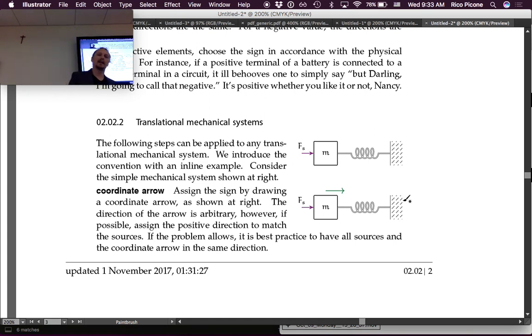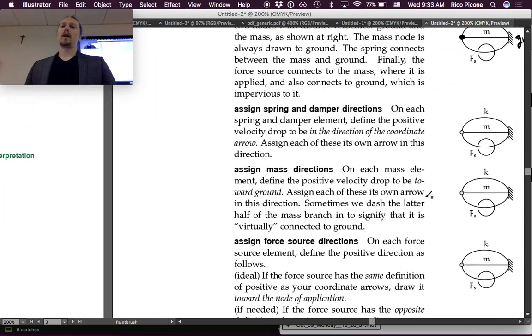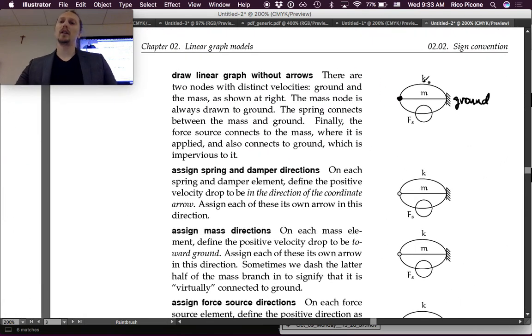What that means is that it goes from the mass node to ground. If our coordinate arrow was drawn the other way, it would go from ground to the mass node, right? So we assume the drop to be in the direction of the coordinate arrow. If you follow that arrow from left to right, you encounter the mass first, and then you encounter the ground. So from mass to ground, your direction is going to be towards the ground.